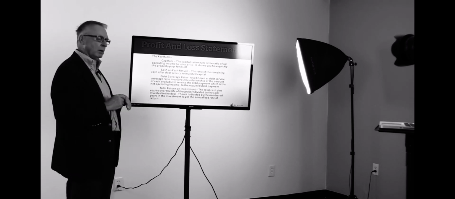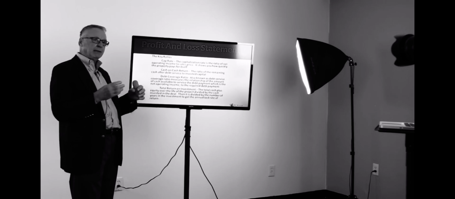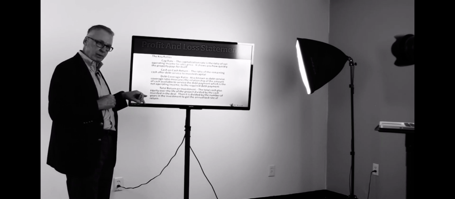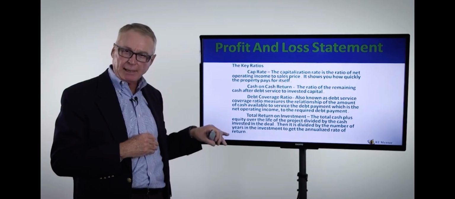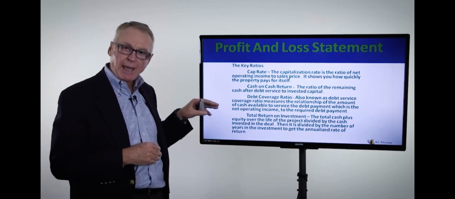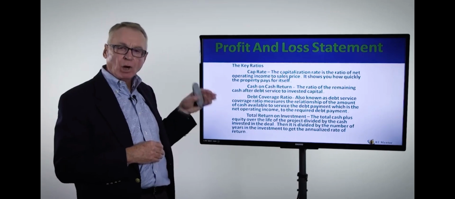So the question is, is there enough money to make the debt payment? Can we pay the mortgage this month? And how much money do we have beyond the debt payment?